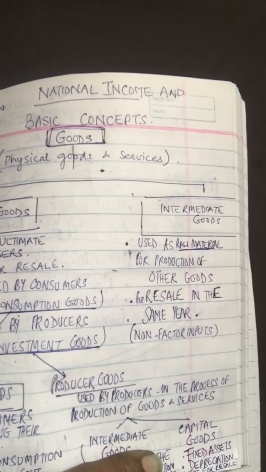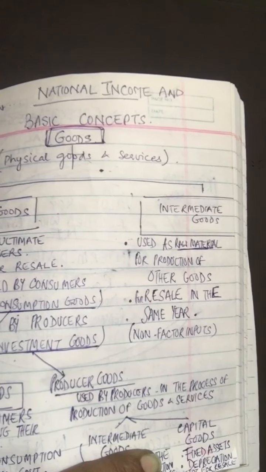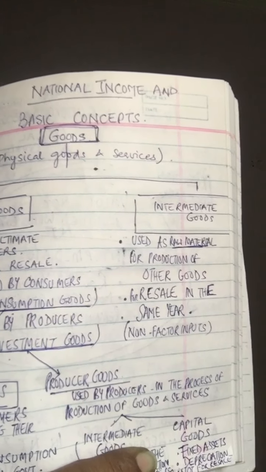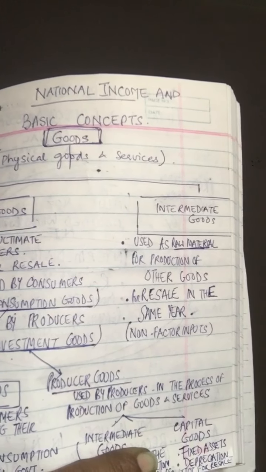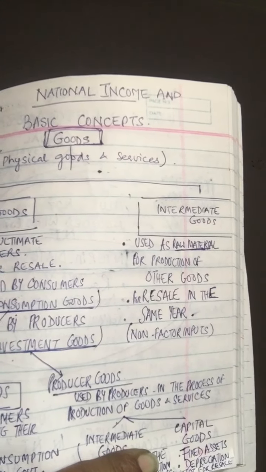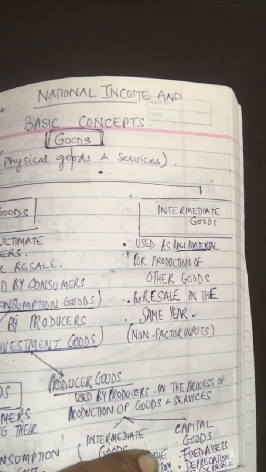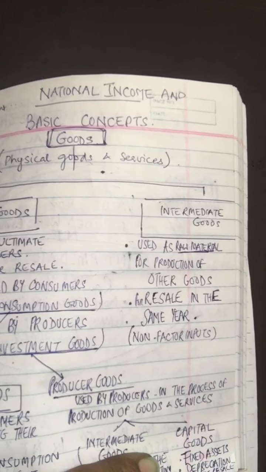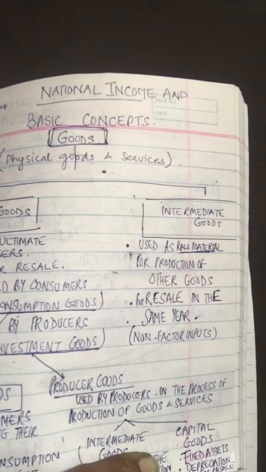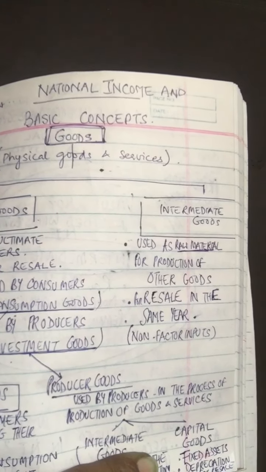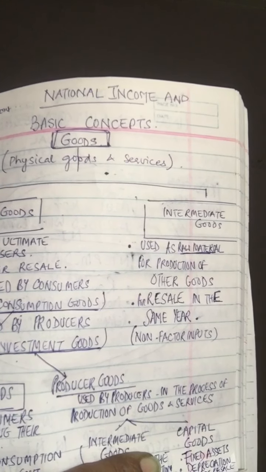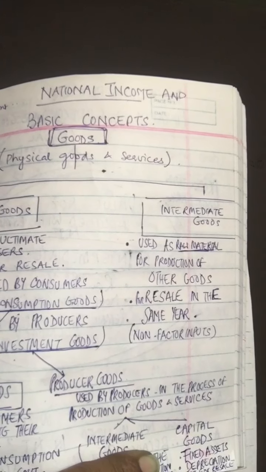That's why they are known as final investment goods or final producer goods. Examples: factory buildings, machines, office furniture. These are also sometimes referred to as producer durables. They are used repeatedly and do not lose their identity in the production process. And they need repairs or replacement as they depreciate over a period of time.